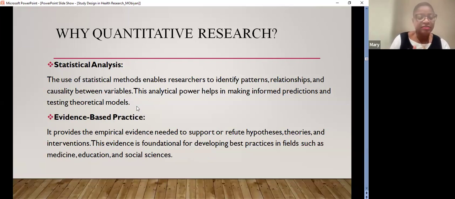Why quantitative research? Statistical analysis. The use of statistical methods enables researchers to identify patterns, relationships, and causality between variables. Very soon we're going to know some designs that can explain causality and some that only explain relationship or association. An increase in this, or an exposure to this, would lead to this outcome, or reduce the risk of this outcome, reduce the burden.